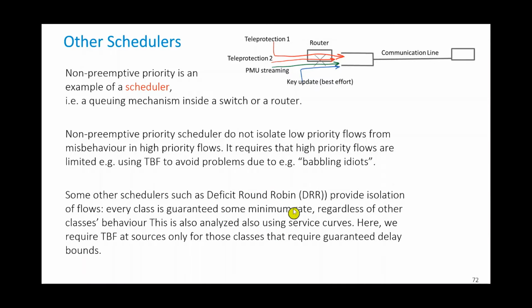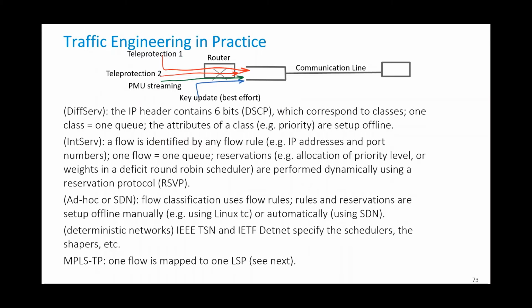It is a bit more complicated than static priority. Static priority requires token bucket filters to be put everywhere. Deficit round robin does not require token bucket filters to protect other flows, but of course might still need them to get a delay bound for the flow of interest.